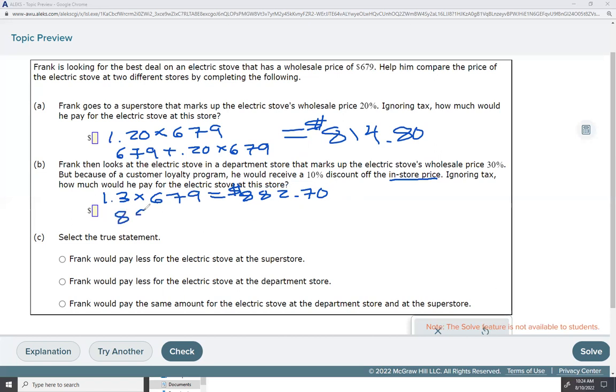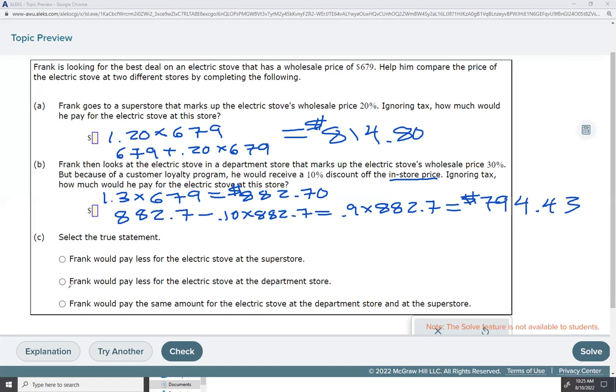So we're going to take that in-store price and subtract 10% of it, or in other words, just keep 90% of the in-store price. Same thing. It's going to be smaller because we're knocking off 10% of a larger number, so this 10% is bigger than it was in part A. And it's going to be $794.43.